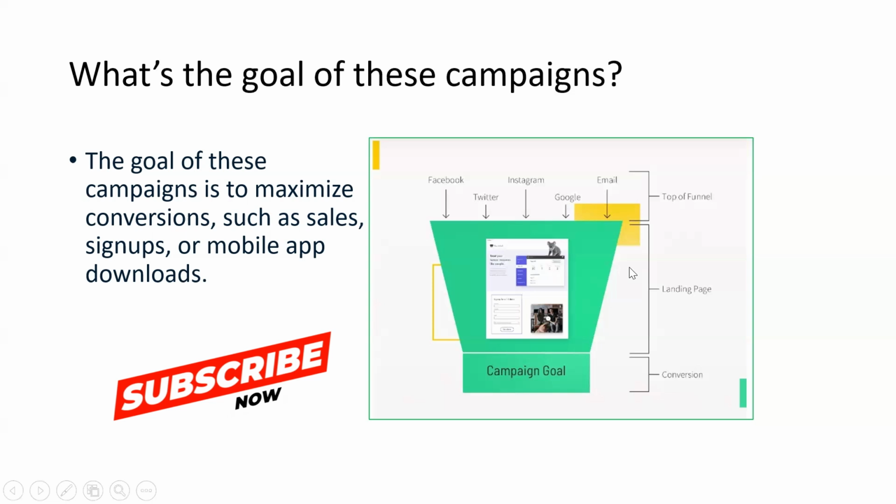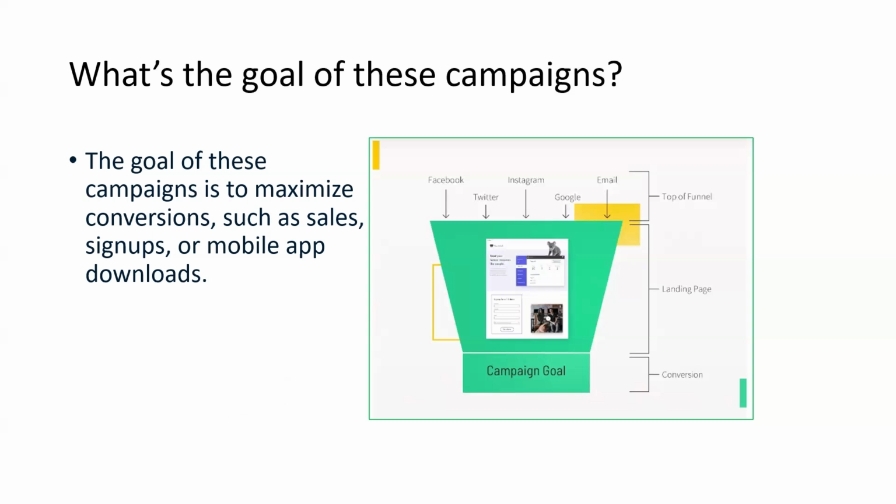You are taken to a landing page where you have all the information about the product or the service, and again the form is filled and submitted, and the conversion as we define it happens. It could be a form fill, a sale, or a mobile app download. These are the forms of conversion that happen through these campaigns.